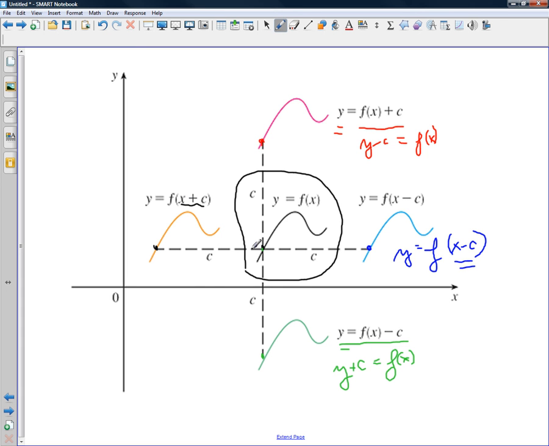We'd have to add c on to take ourselves back to where we have f of x. So let's put some values into c, and let's take a look at a function that we're familiar with, namely f of x equals x squared.